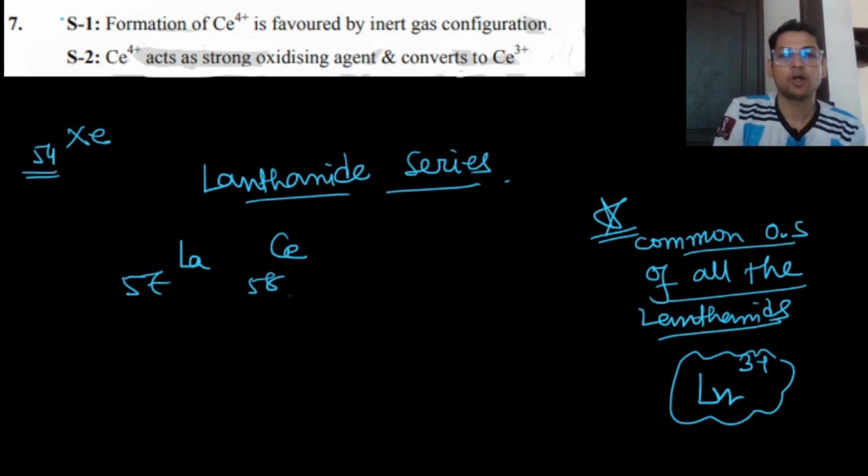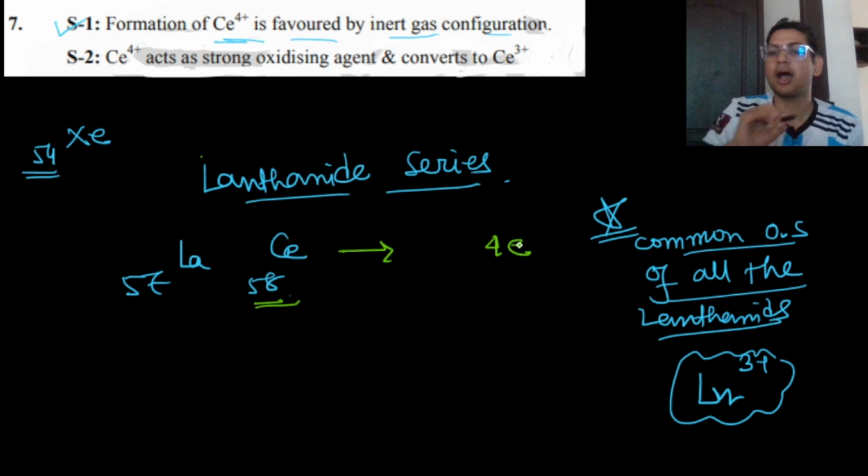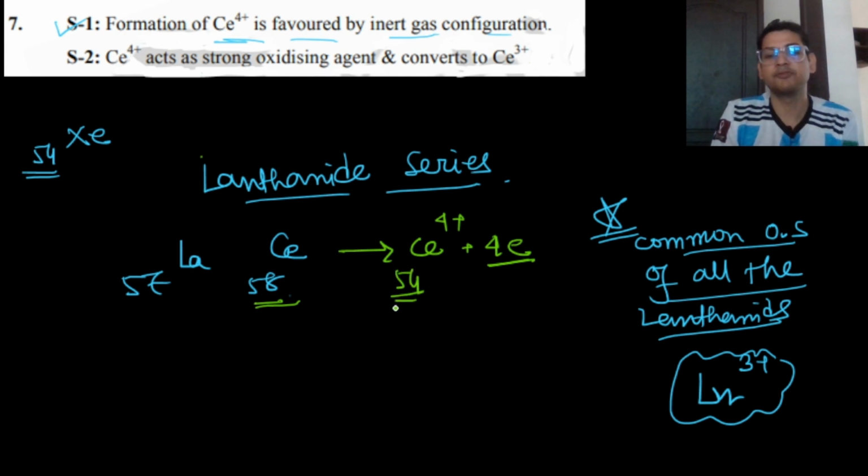So statement 1, formation of cerium 4+ is favored by inert gas configuration. I think sir it is correct because cerium is 58. If it gives 4 electrons out, then it will be cerium 4+, and it will have the nearest inert gas configuration.